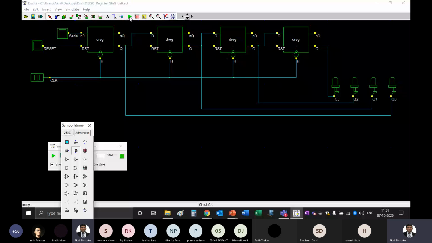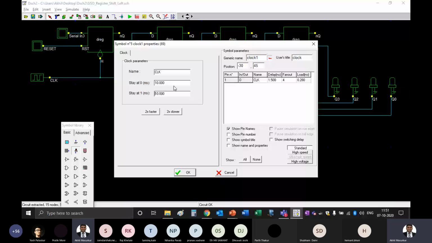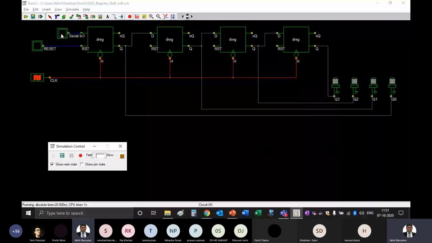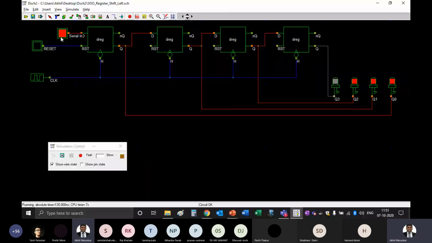Now I can see that there is some latency, so I'll lower the clock so that you can see. Okay, so you can see that the 1 is coming from the Q0 side, then Q1, Q2, and then Q3. And the moment I make it 0, the 0 comes from the Q0 side.